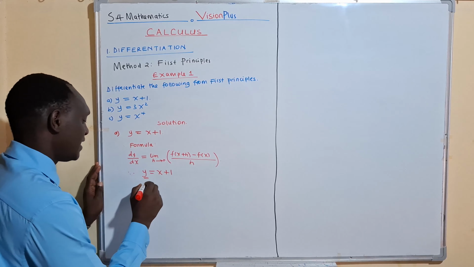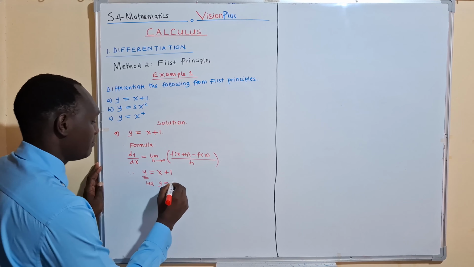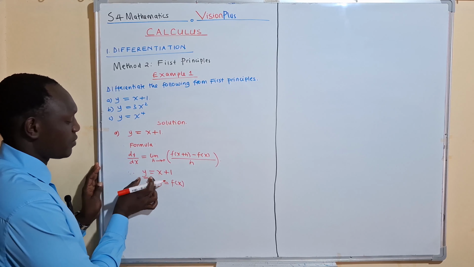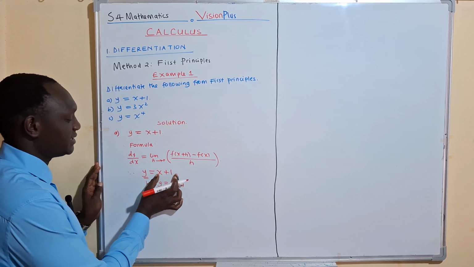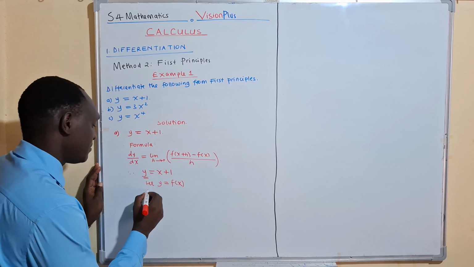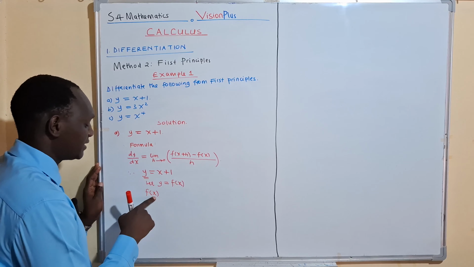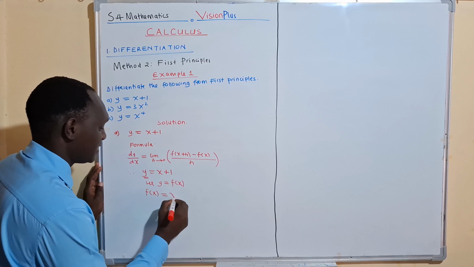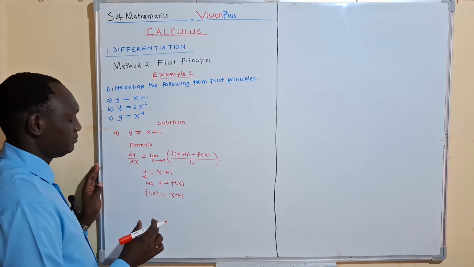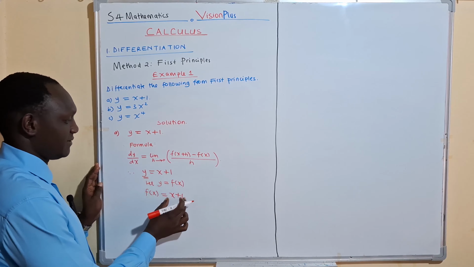So we can say let y be the function f of x, because this y is the same as the function of x. The function of y in terms of x is given as x plus 1. So you simply change y to f of x.